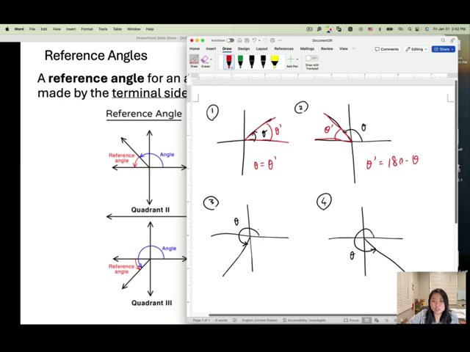Case 3, when my theta is in quadrant 3, the reference angle is again between the terminal side and the x-axis. So my reference angle will be equal to theta minus 180.